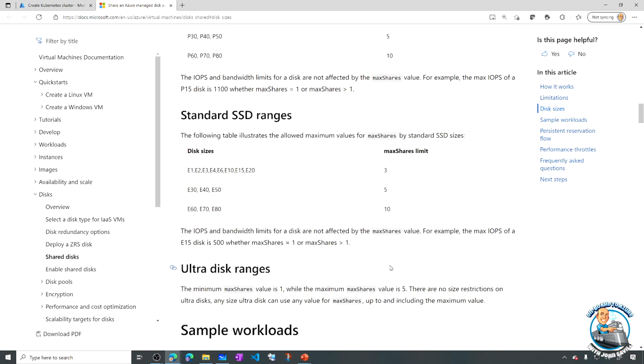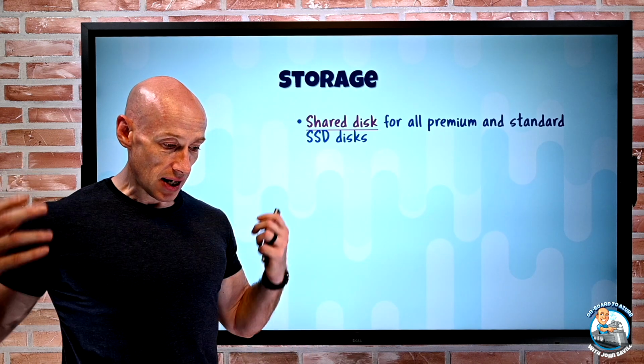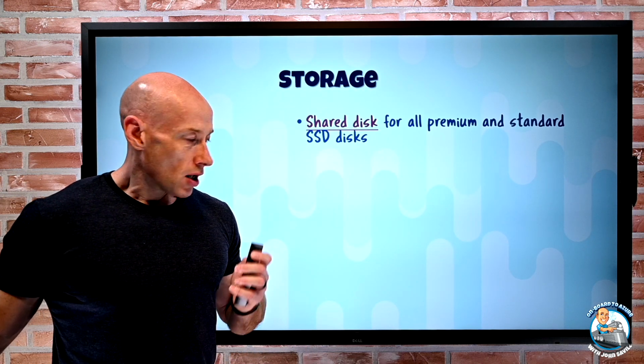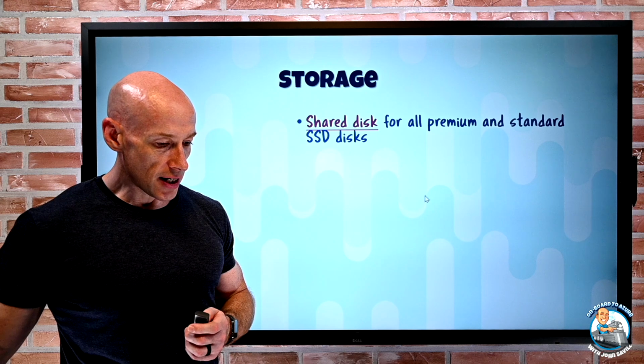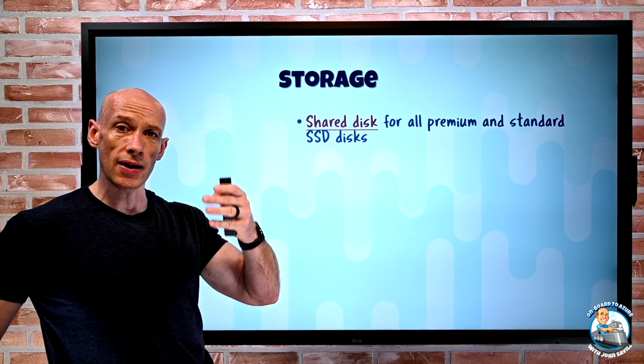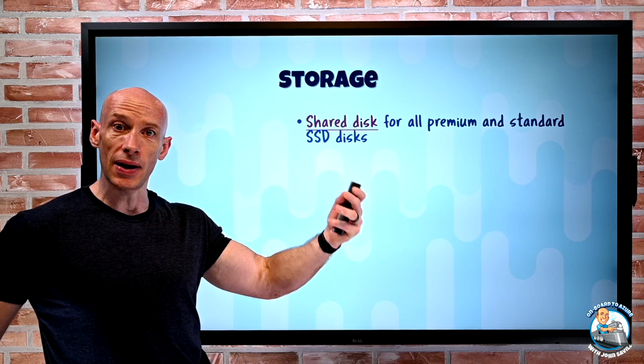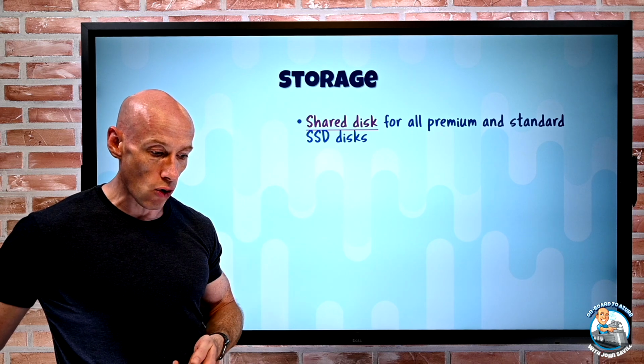And then for ultra disks, there's a minimum value of 1, and the maximum is 5. So you just set this to whatever you want it to be. But now I can have that fantastic shareability if I need it. Also, one of the nice things about this is it does support ZRS. So ZRS is zone redundant storage. So those virtual machines could actually be in different availability zones, giving me even more resiliency.